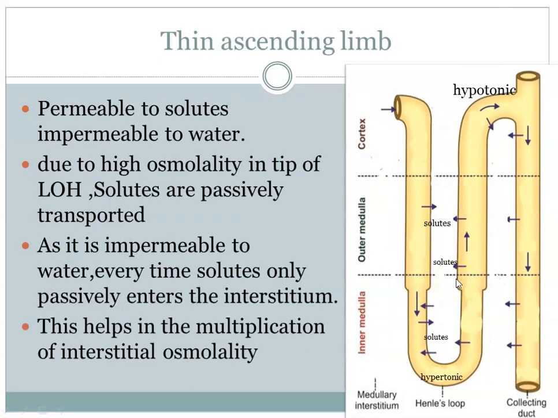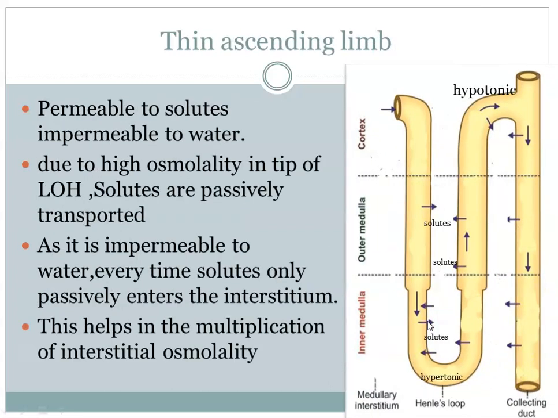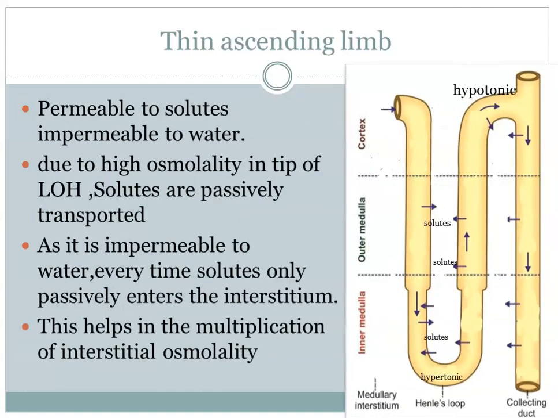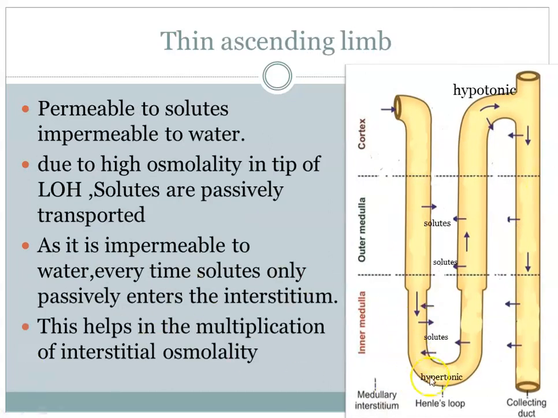So more solutes enter into the interstitium, and the fluid present in the ascending loop of Henle becomes hypoosmolar.